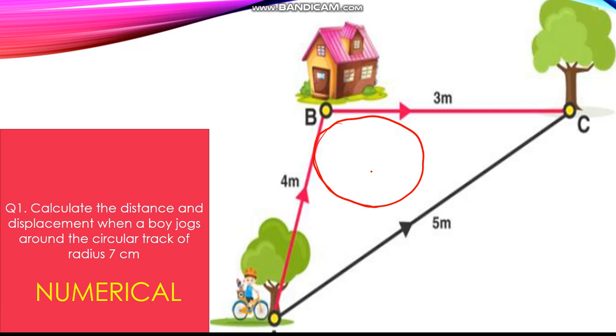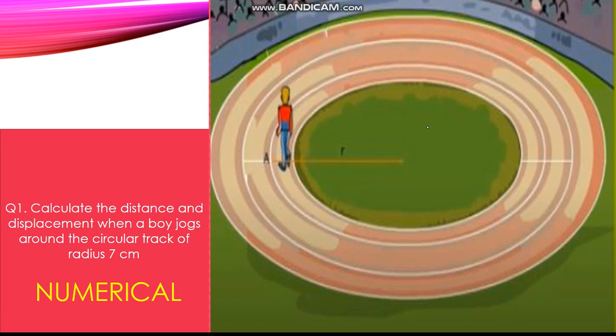Now in this circular path, our radius is 7 centimeter. As you can see, this boy is jogging around the circular path. So we need to calculate the distance and the displacement when a boy jogs around the circular track of radius 7 centimeters. So this is 7 centimeter.